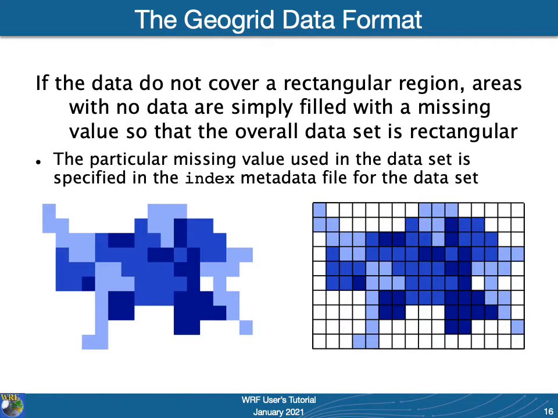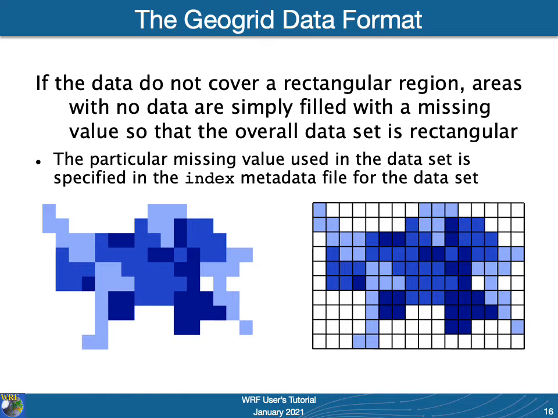So if you're working with a data set that neatly fits into a rectangular array, then everything we just talked about sounds straightforward. But what do you do if you have a data set that doesn't neatly fill up a rectangular region? Let's say, for example, that you have volunteers who have gone around an urban area and taken measurements of sky view factor. In general, this urban area isn't going to be a perfect rectangle, so we need some way of fitting this data set into a binary file.